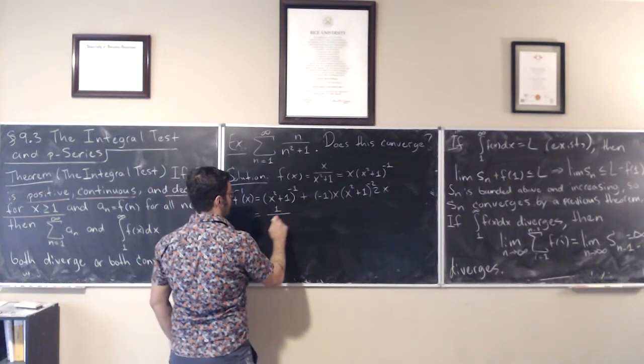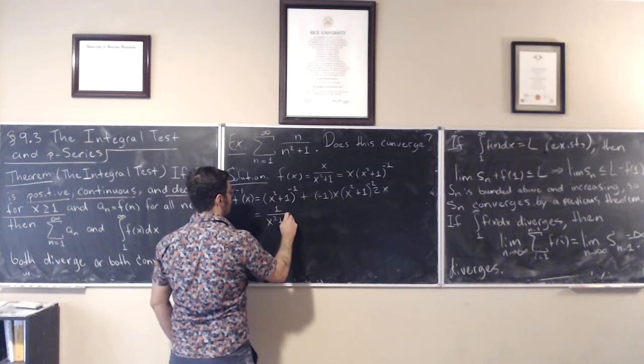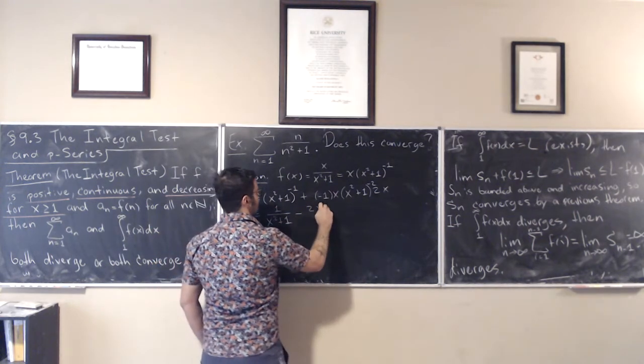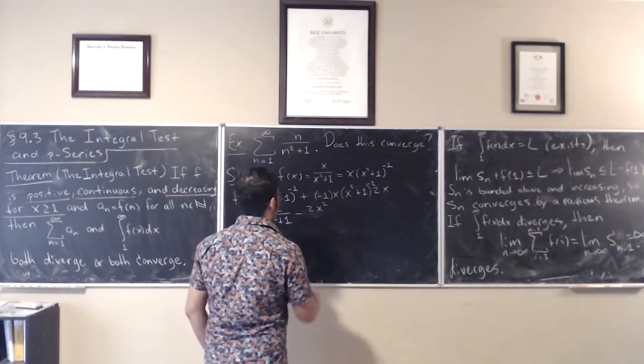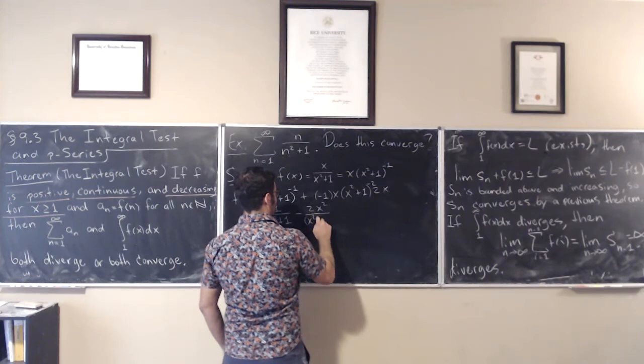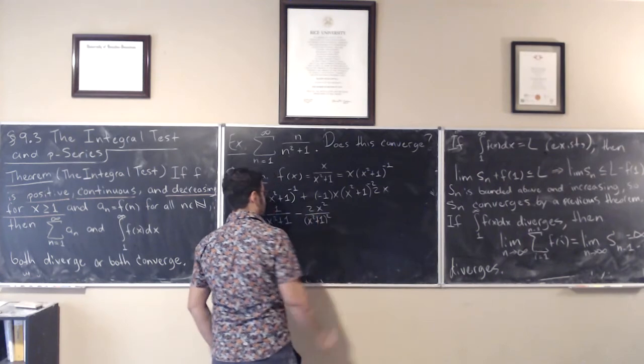I just have a feeling I'm going to have to rewrite it like this now. And now this becomes minus 2x squared over x squared plus 1 all squared.